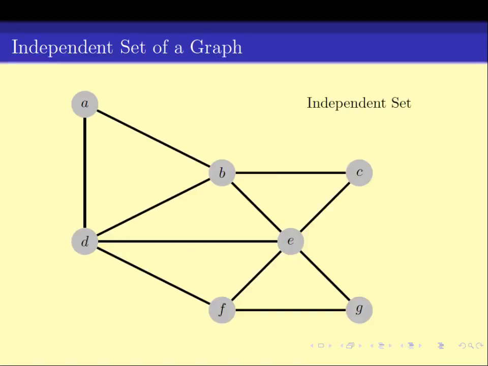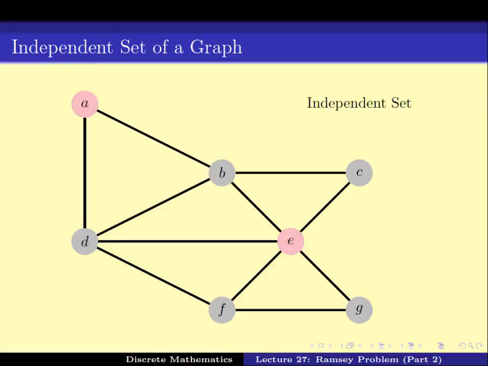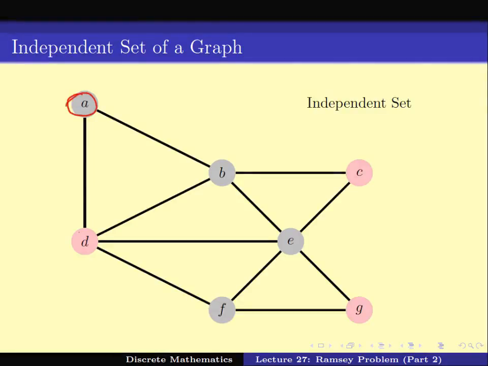For example, if this is the graph that we have, A and E is an independent set. There is no edge between them. Similarly, B, C and G is also an independent set because there is again no edge between B and C, C and G, and G and B. As a clique, we can have A, D, B is a clique because there is an edge between any two of them.